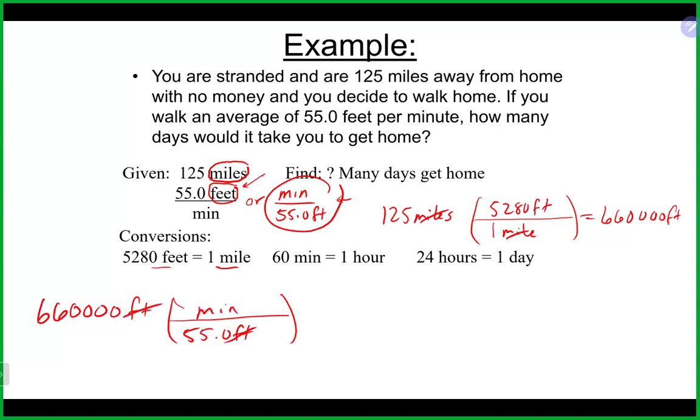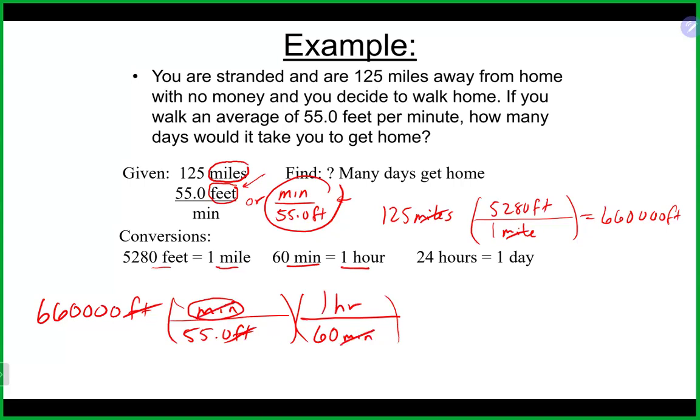I'm now in units of minutes, but I do need to get that into days. So I could then go, if I like, minutes to hours. So once again, using this equality here, opposites. So minutes are up on top. So we do need to put the 60 minutes on the bottom, which means we're dividing by the 60 in this case. And those minutes will cancel.